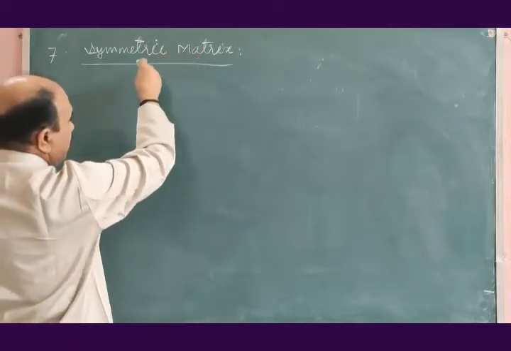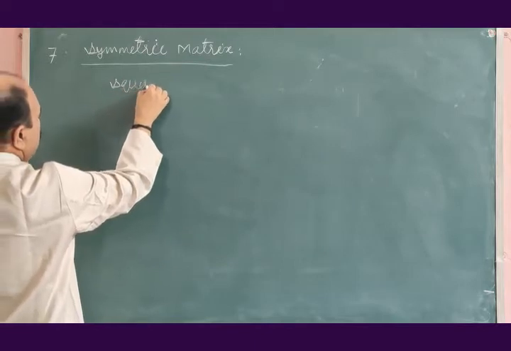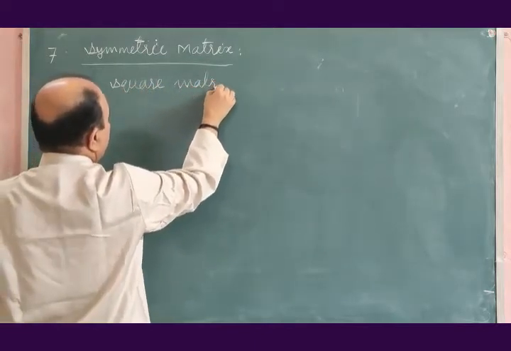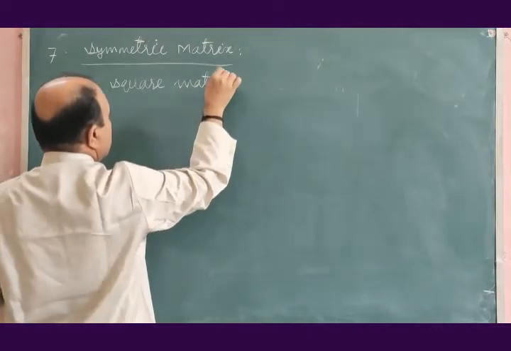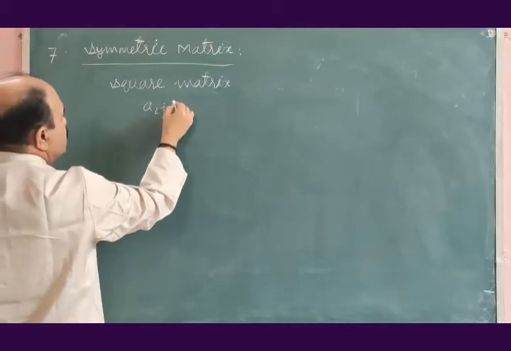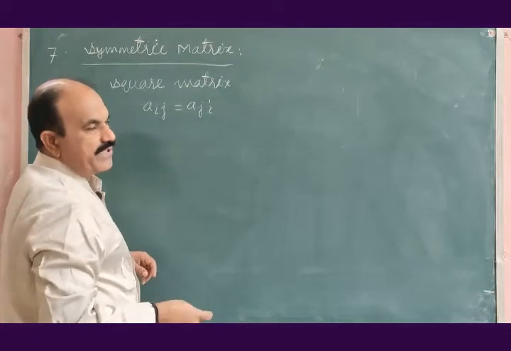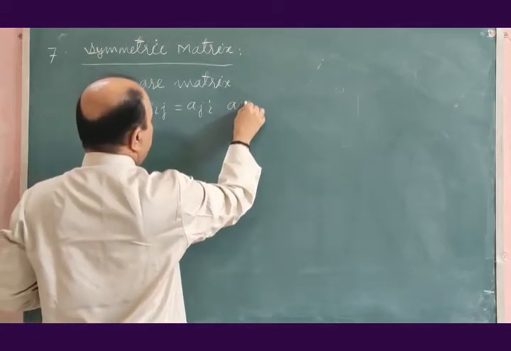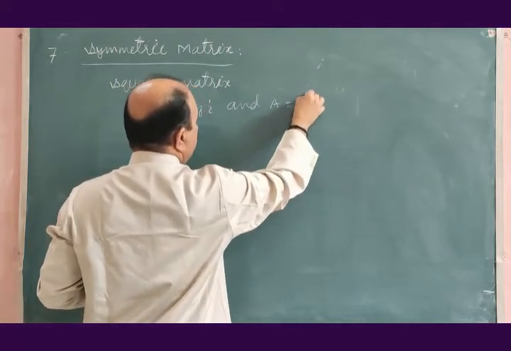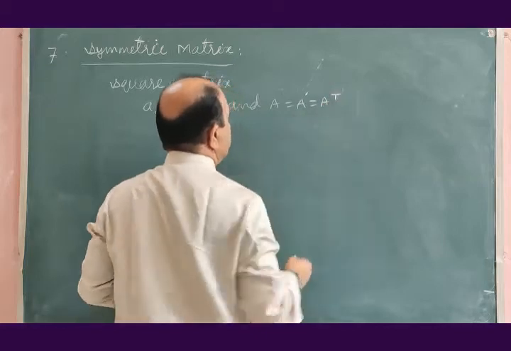Symmetric matrix is a square matrix such that Aij is equal to Aji and A will be equal to A prime or At.